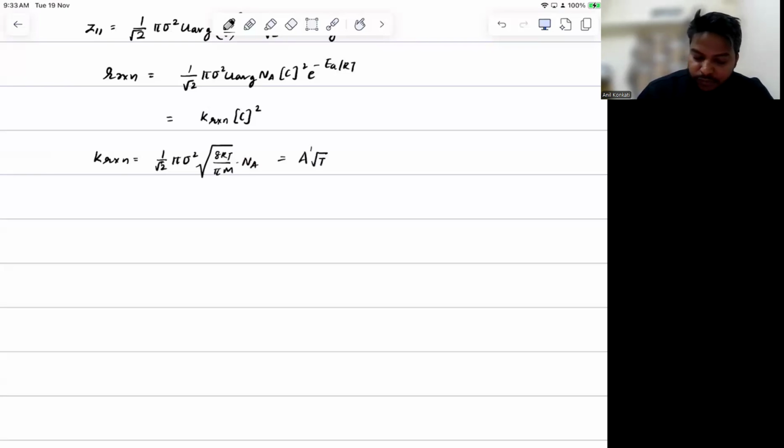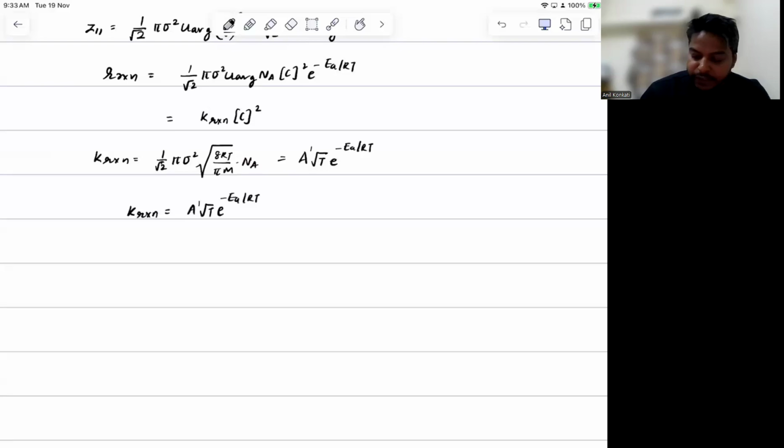A dash into root 2, and this is K of the equation, into e raised to the power of minus Ea by RT. Have you noticed that this is the new equation for rate constant as per collision theory? So rate constant K is equal to A dash into root 2 into e raised to the power of minus Ea by RT.